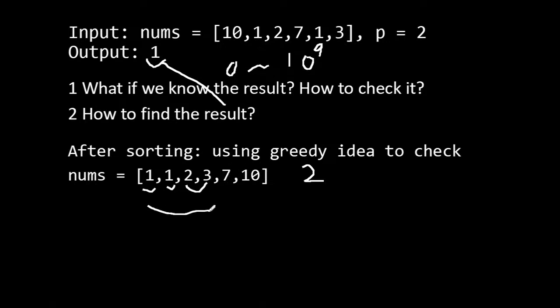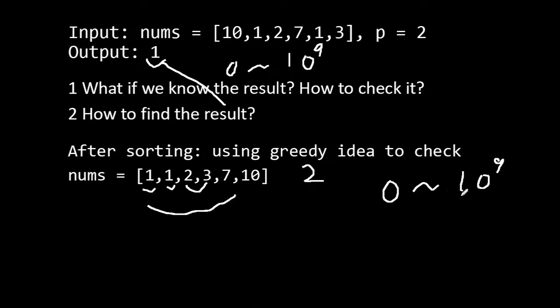The array for the binary search is not nums. The range is from 0 to 10 to the power of 9, because the maximum number is 10 to the power of 9. But the maximum difference should actually be 10 minus 1, for example here. So it means nums[n-1] minus nums[0].